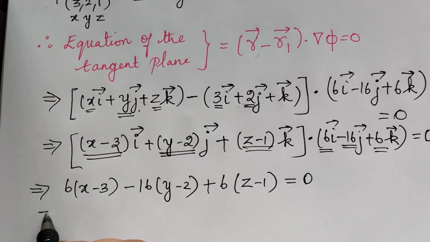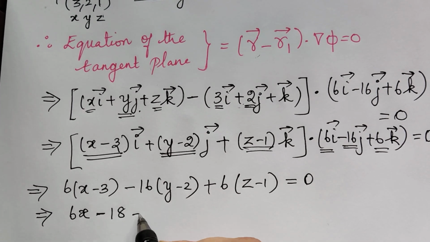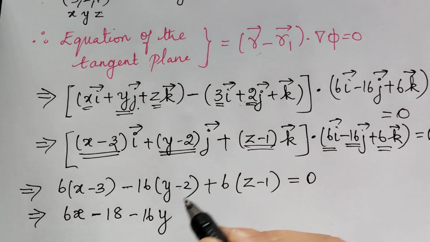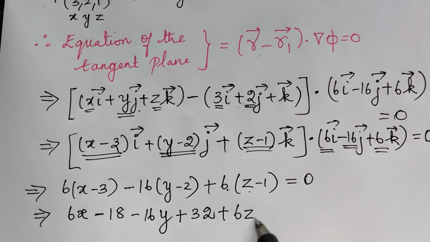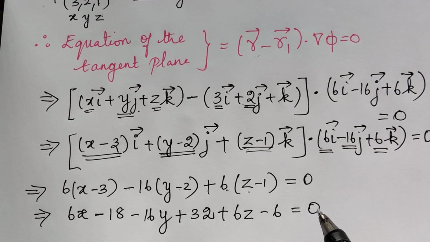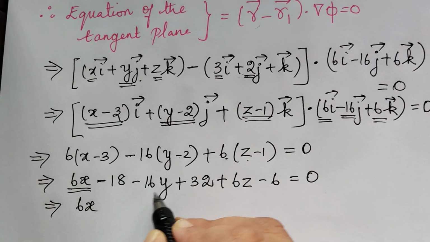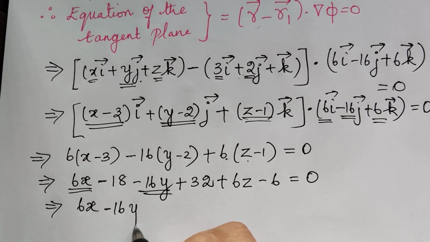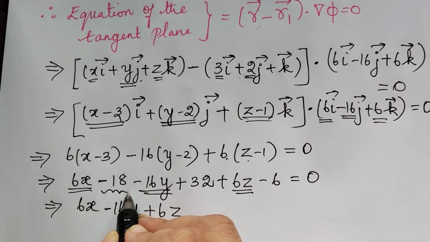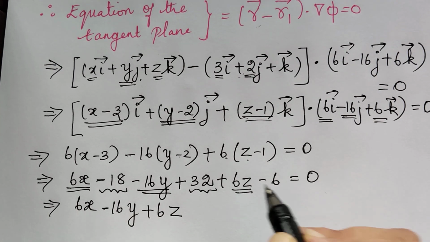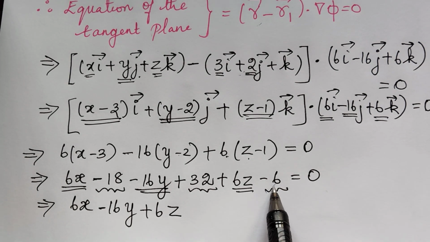Now we shall multiply within the bracket. So 6x minus 18 minus 16y, and minus into minus will become plus 32, plus 6z minus 6 is equal to 0. So now we can write the 6x first, and then minus 16y, and then plus 6z, and we can combine the constants minus 18 plus 32 minus 6. So minus 18 minus 6 gives us minus 24.